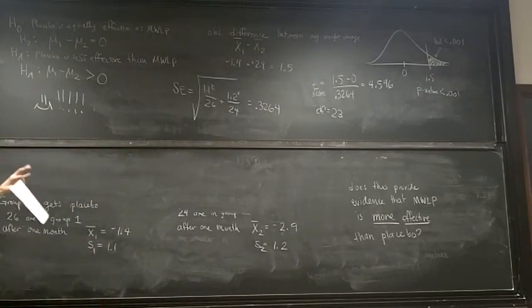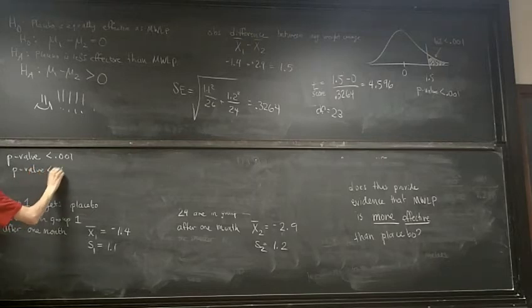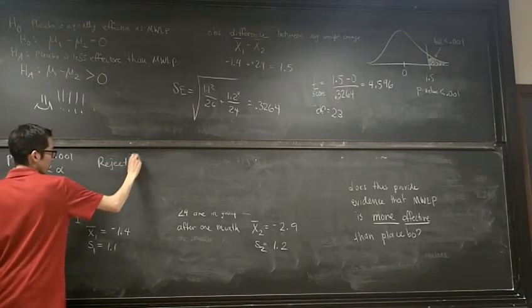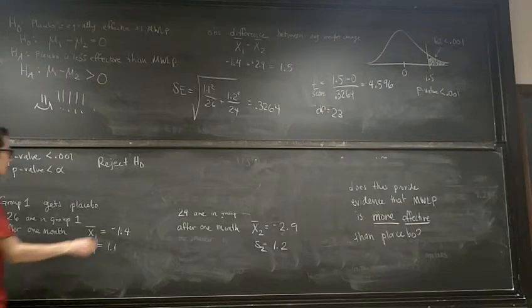Just hang on. Just a few more minutes, guys. All right, so my p-value is less than 0.001. My p-value is less than alpha. So I reject the null hypothesis. What was my null hypothesis? That the placebo is equally effective as the miracle weight loss pill, okay?